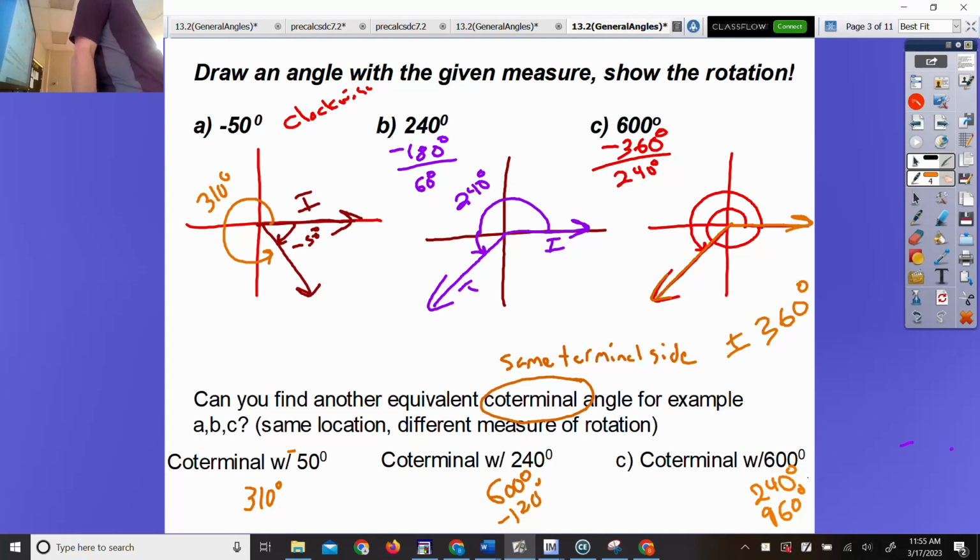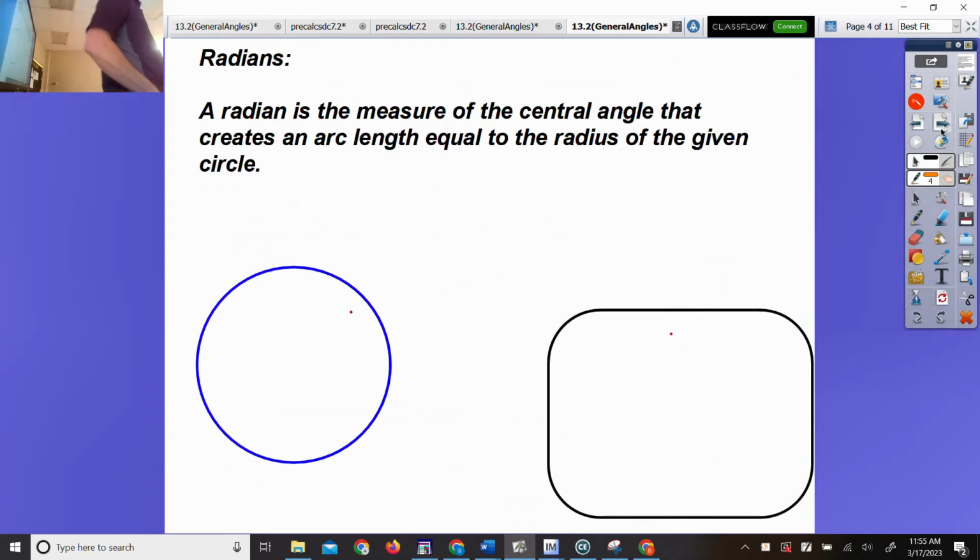So what's up next in your notes is probably getting to be the discussion of radians. It is. You have the verbal definition of a radian, which I personally think is god-awful to a teenager. It says a radian is the measure of a central angle that creates an arc length equal to the radius of the given circle. Interesting. So if you have two radii that intersect at the center of a circle, they would be by definition congruent.